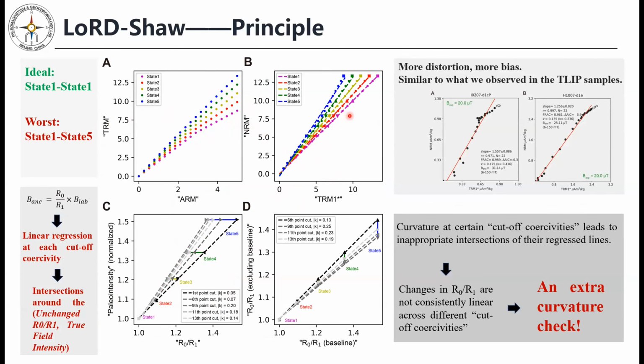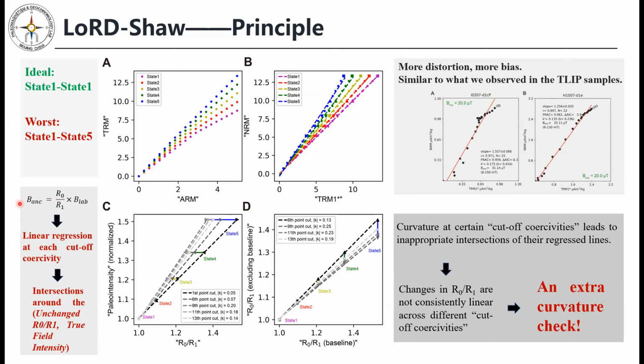The most ideal case is state 1 to state 1, which has a perfect line and an unchanged R during its whole coercivity range. And for the worst case, it's state 1 to state 5. It has more distortion and a more biased result.